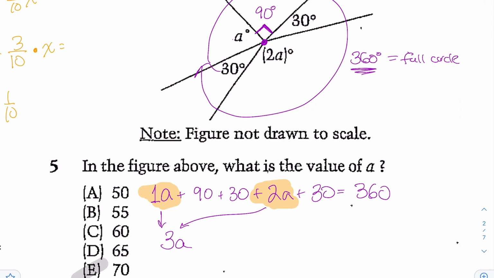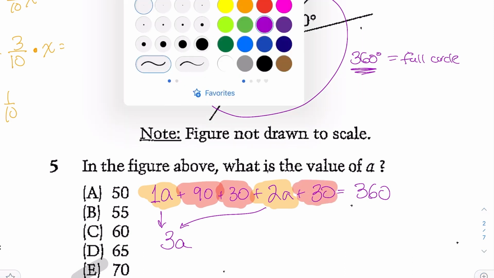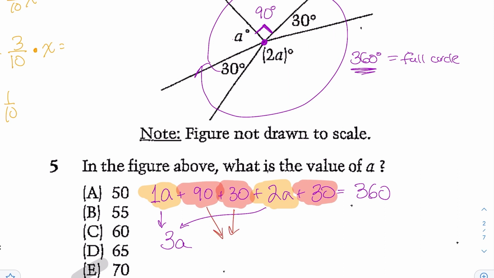Now you also have a whole bunch of like terms here, specifically the numbers. You have positive 90, positive 30, and another positive 30. So when you combine those 3, you have 90 plus 30 plus 30, or 150. So this turns into 3A plus 150 is equal to 360 degrees.